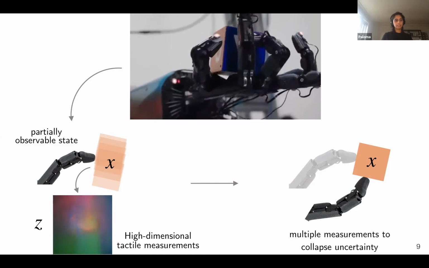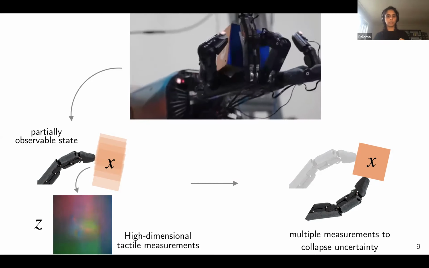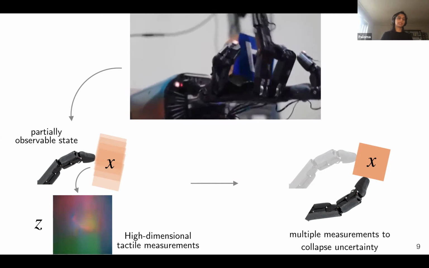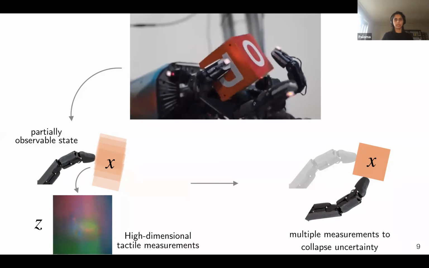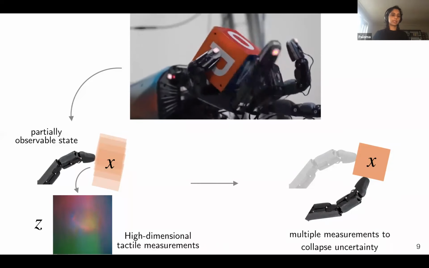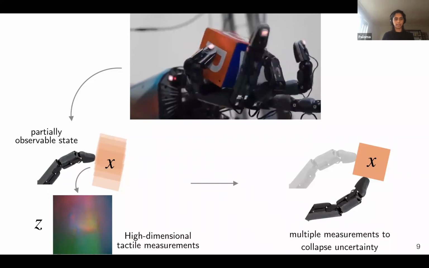Now, a single such image only gives us partial information about the state, which here is the object pose. And it alone isn't enough to localize the object. We hence need to be able to reason over multiple such images so as to collapse uncertainty on our state.